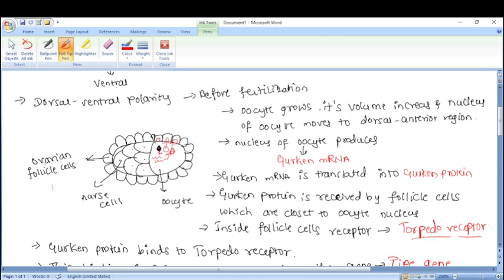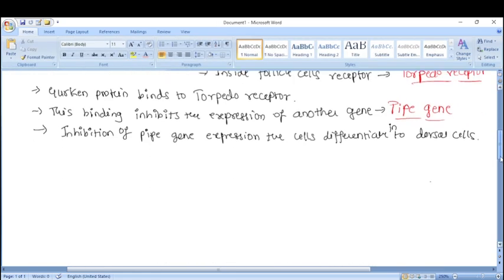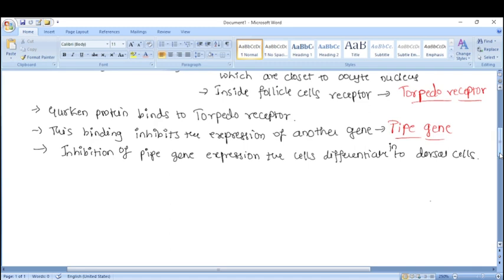Inside these follicle cells, the gurken protein will bind to the torpedo receptor, and binding of this will inhibit the expression of another gene. That gene is the pipe gene, and due to the inhibition of pipe gene expression, these cells will differentiate into dorsal cells.